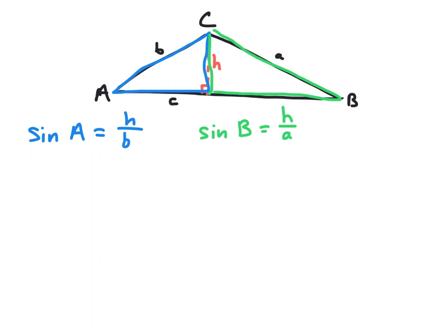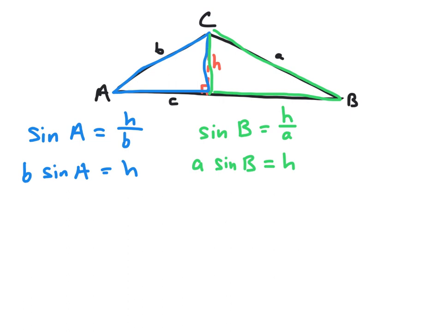We can then solve each of these by multiplying both sides by the number in the denominator. So on the left side here, we can multiply by b to see that b sine A is equal to h. And also for the green equation, we can multiply by a to get that a sine B is equal to h.